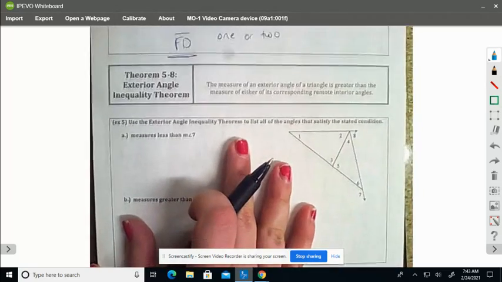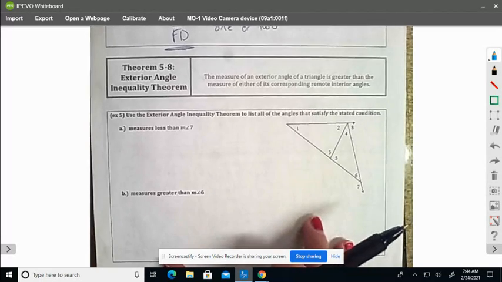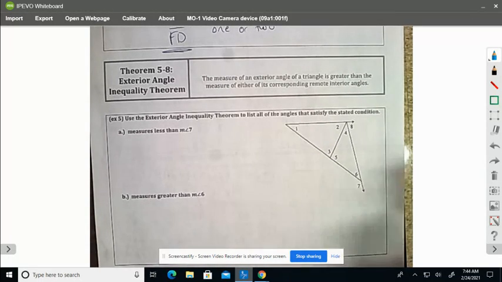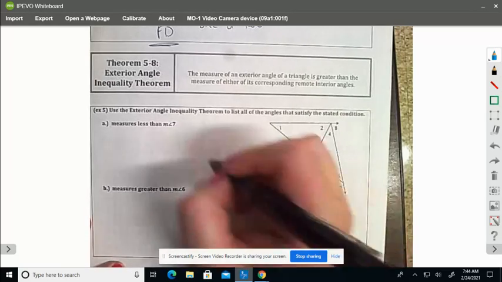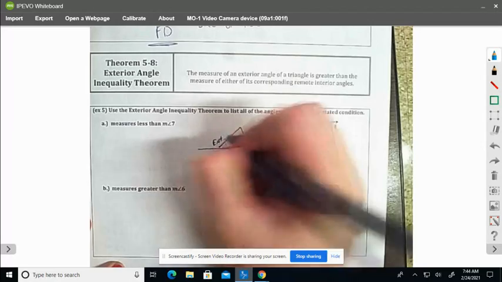Okay, the last thing we want to talk about today is the exterior angle inequality theorem, which is the measure of an exterior angle of a triangle is greater than the measure of either of its corresponding remote interior angles. So an exterior angle, so remember that looks like this. This would be exterior.